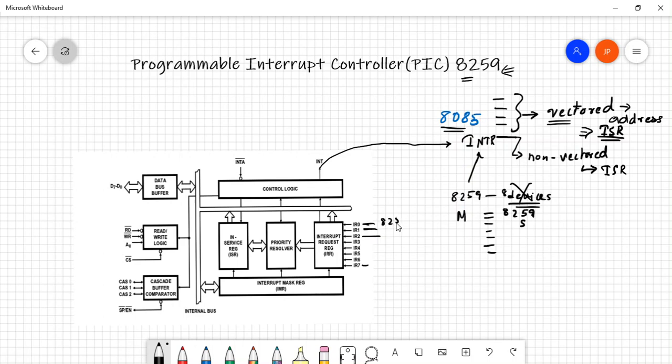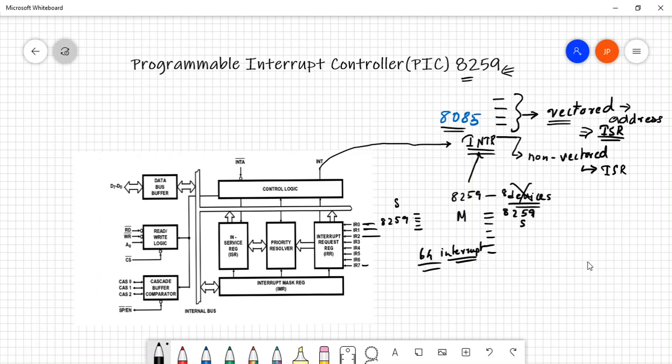You can connect 8 slaves which are again 8259 chips, and each of these chips again will have 8 interrupting pins. So basically 8 into 8, you can connect up to 64 interrupting devices at the max. That is the maximum capability that you can connect to a single INTR pin of 8085 by using the master-slave configuration, right?